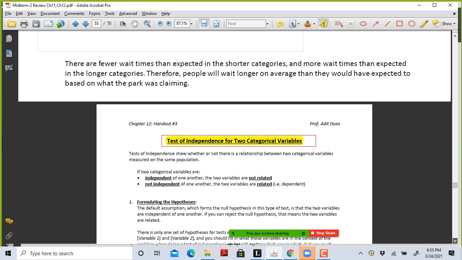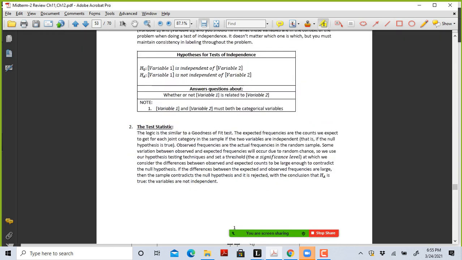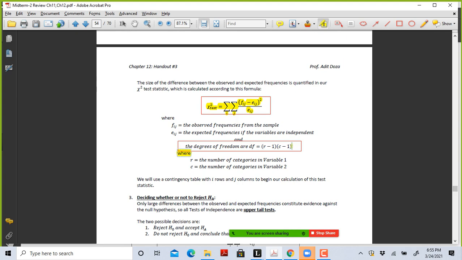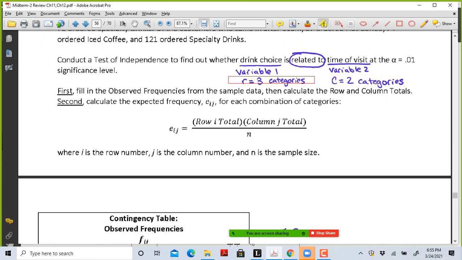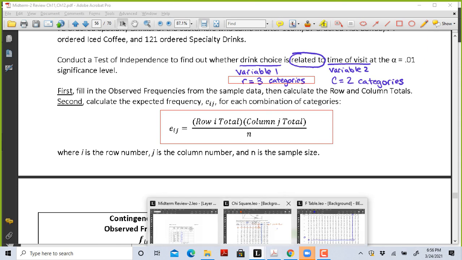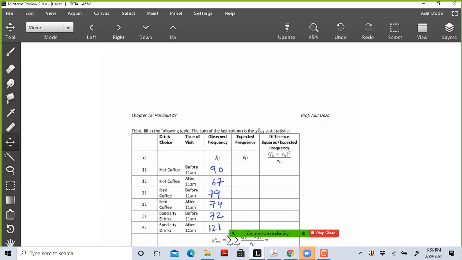So let's write it down here: row total times column total divided by n. This formula also should be in your formula sheet.